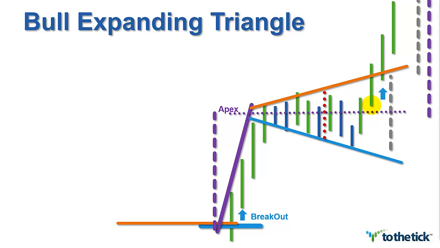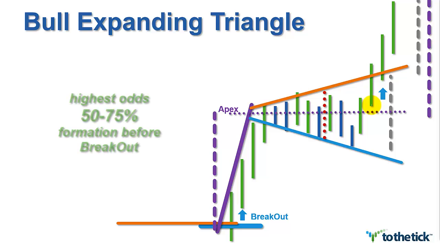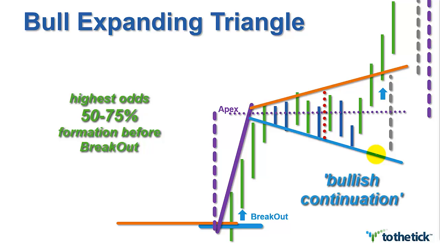And that's what you're looking for if you want to trade a bullish continuation pattern looking for the highest odds. The best triangles should have a breakout in their formation 50 to 75% through the way of the triangle. The odds are tremendous that it will go with your continuation.